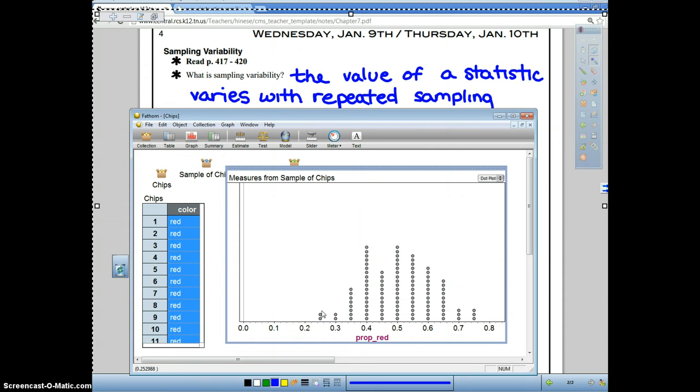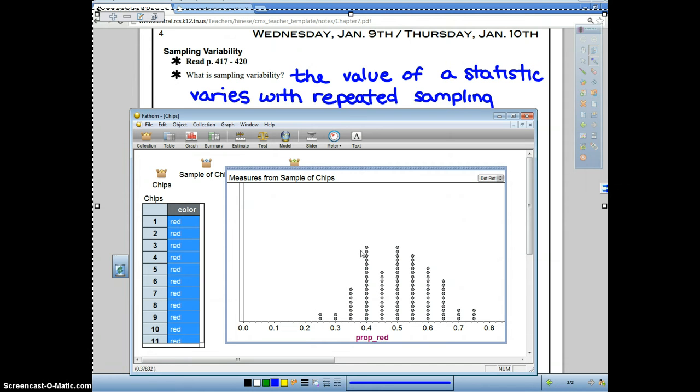It's fairly symmetric. It has a center of around 0.45, 0.5, maybe even somewhere around in there. And as far as spread goes, I can say easily that it has a range from 0.25 to 0.75, which is about 0.5. Okay, remember that whenever you discuss a distribution, you always want to talk about the shape, the center, the spread, and any outliers, which I don't see any outliers here.